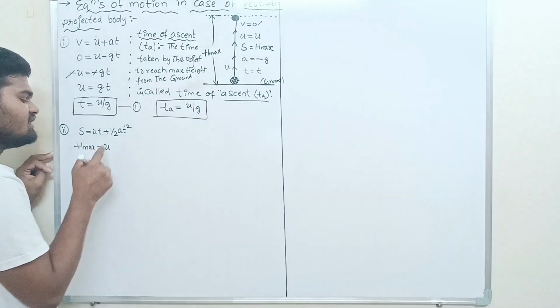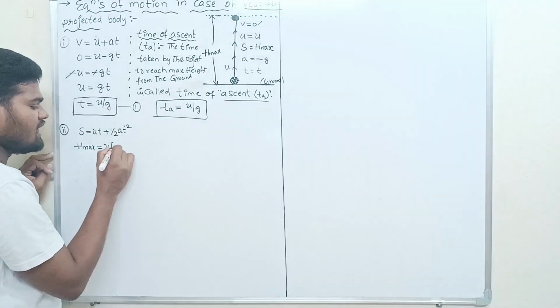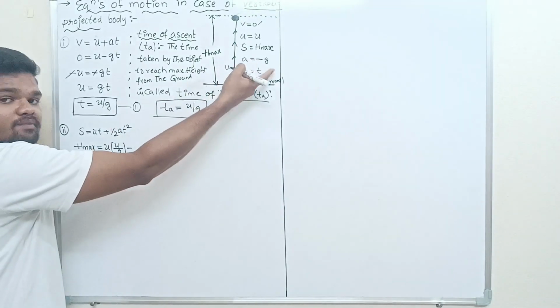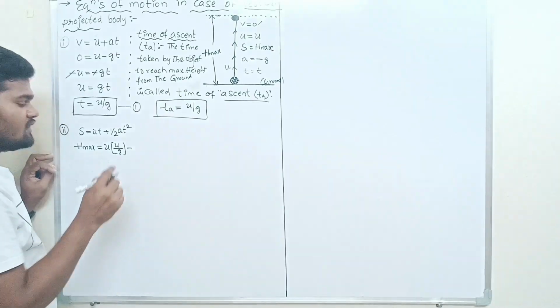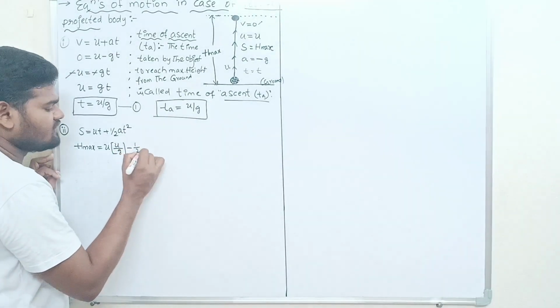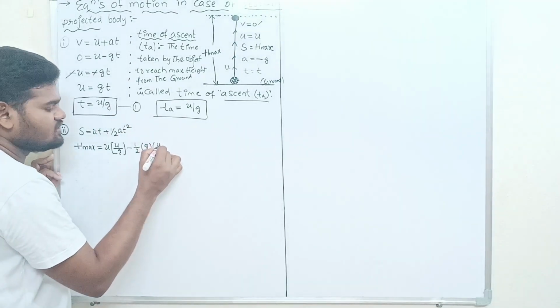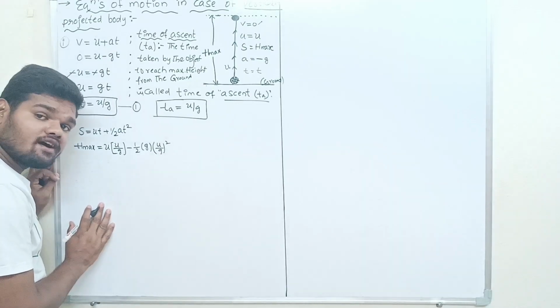Initial velocity u, time taken to reach the maximum height u/g, and a = minus g. So s = u times u/g minus half g times (u/g) whole squared.